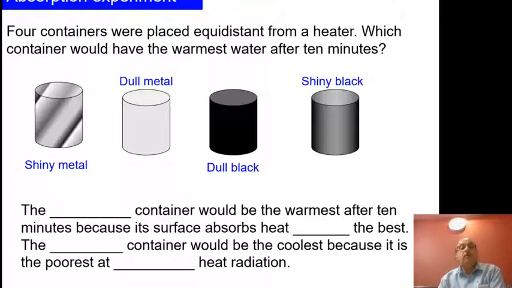Now we have the 4 containers again. They are placed equidistant from a heater. Now we have a hot bath here and the heat is given to all these 4 containers, and they are equidistant from the hot bath.